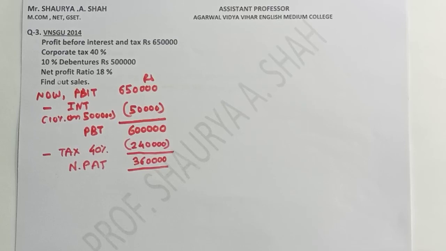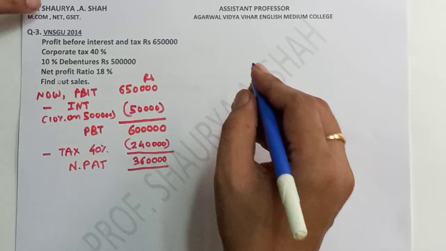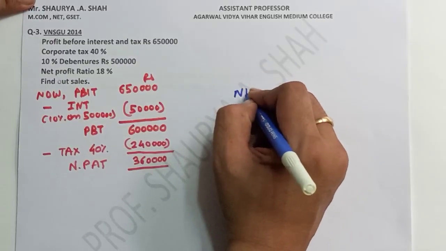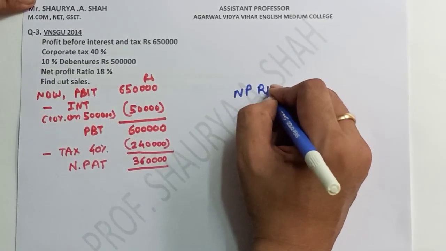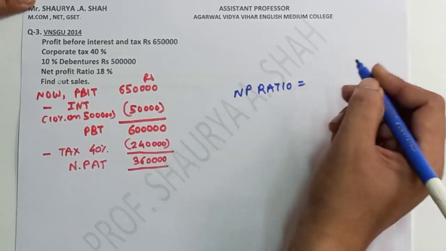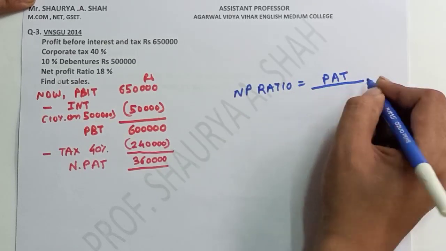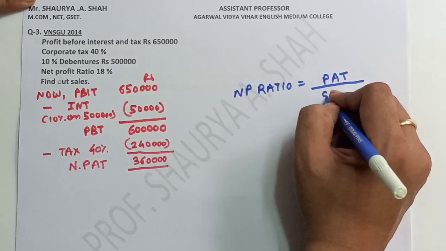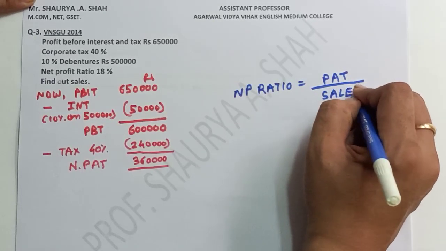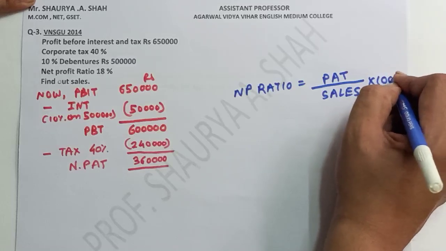Now once I have it, I will put this in the formula of net profit ratio, right? So what is net profit ratio? NP ratio is equal to profit after tax divided by sales into 100.